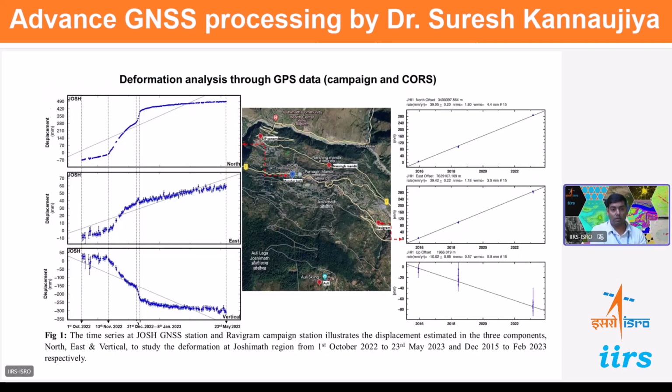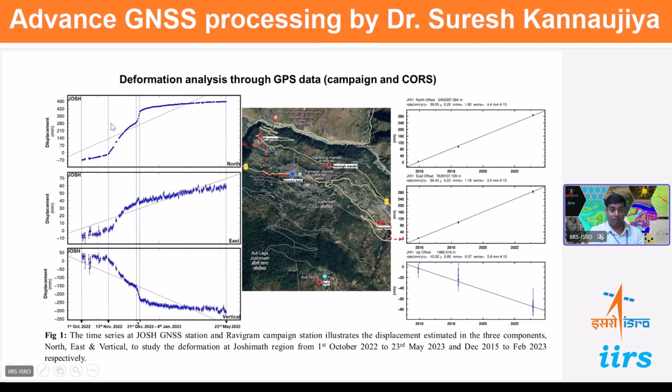Here is some more example of land deformation. You can see the land deformation that took place in the Joshimath region. You can see the non-linear motion, which is not expected from the CORS. If you see the CORS displacement time series, you will always see linear motion.